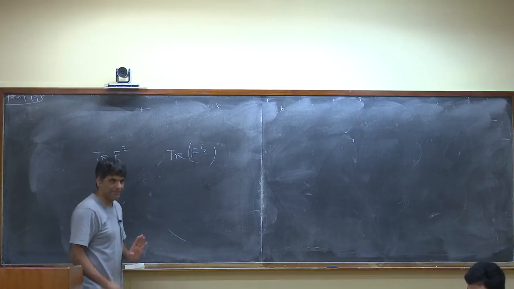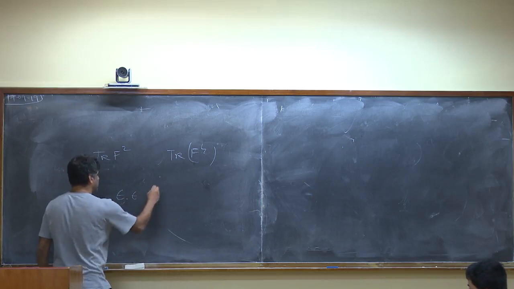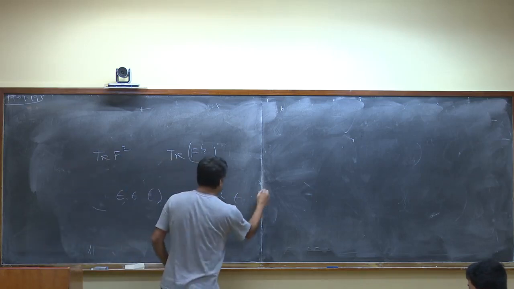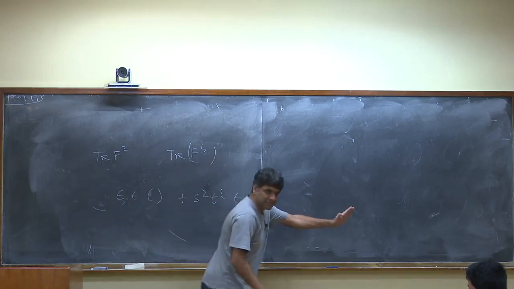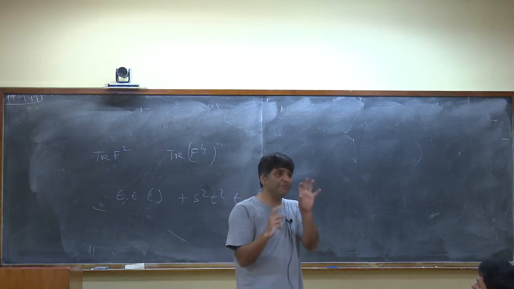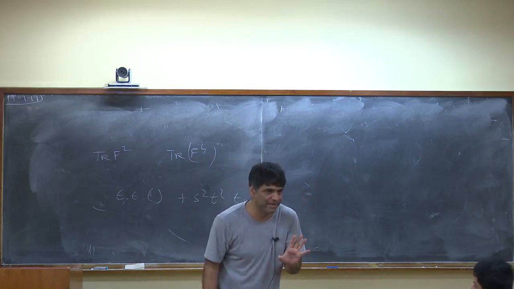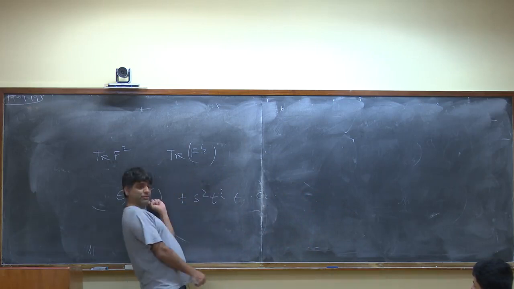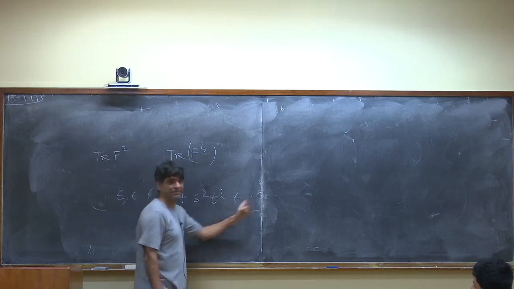If you wrote down the scattering amplitude, you would get epsilon dot epsilon blah blah blah plus s squared t squared epsilon dot epsilon and so on. So the different polarization functions come with different functions of s, t, u. They're very highly related functions. But because this term was 2 derivative, let's say, this term was 4 derivative, this term was 6 derivative.